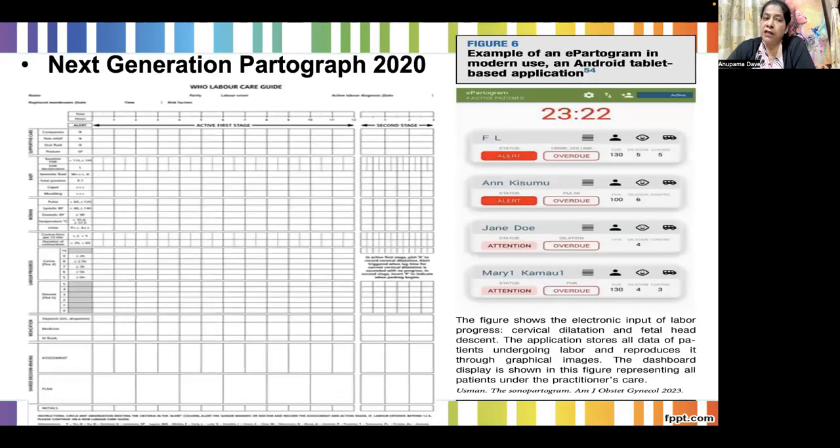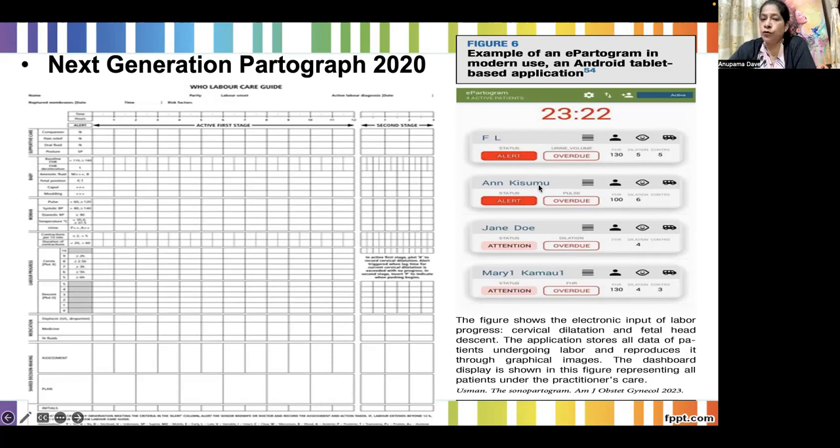Now we have the next generation partograph or the labor care guide by WHO in 2020. So in this, in addition to the first stage, emphasis on the second stage is also given, and there are no action or alert lines, but parameters for alert are written over here.